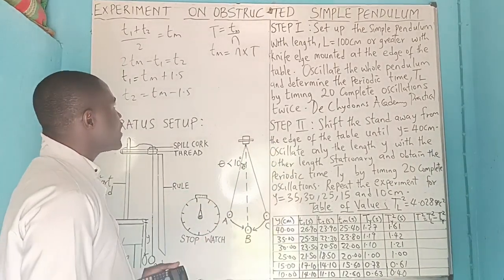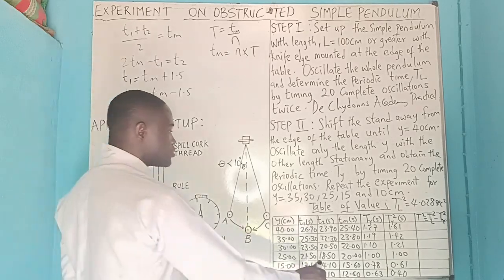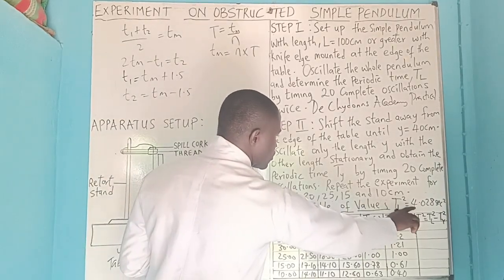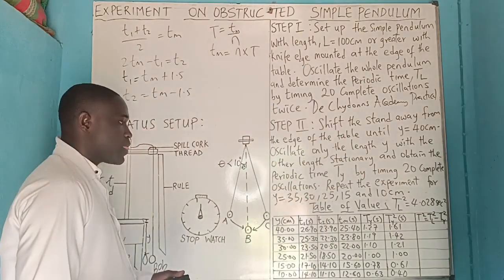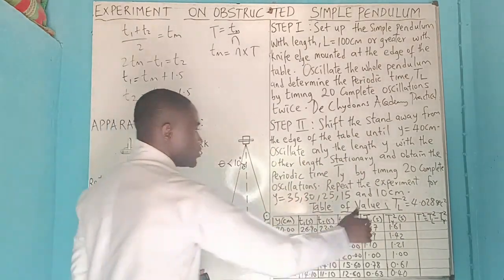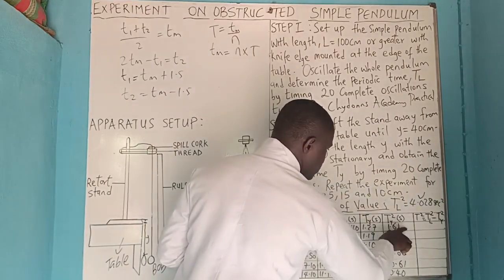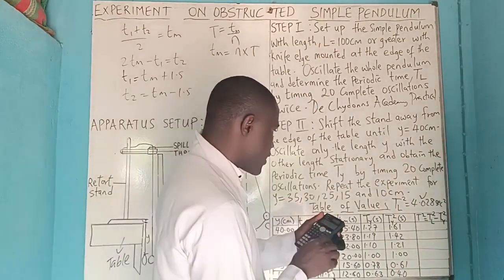Then T squared means you subtract your T1 squared minus T2 squared, and we'll start subtracting each of these. Okay?